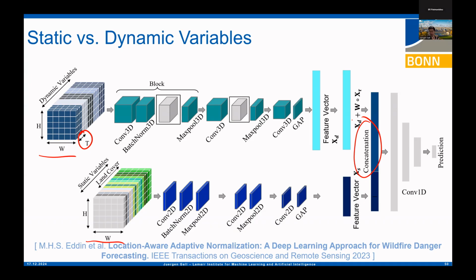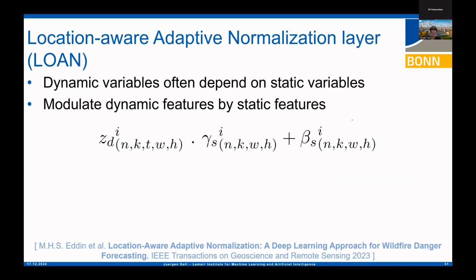Just think about temperature. There's a big difference if you have 10 degrees temperature at an altitude of 2,000 meters above sea level or 400 meters above sea level. Most of the dynamic variables strongly depend on the environment where you measure them, and we want to take this into account and model this information.